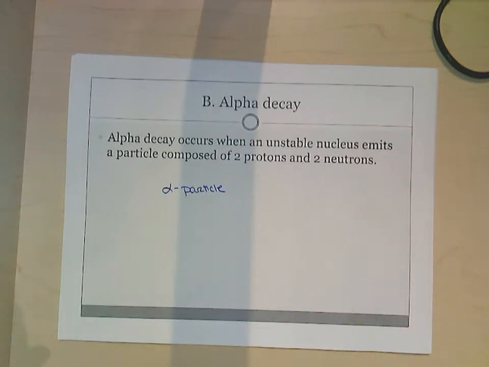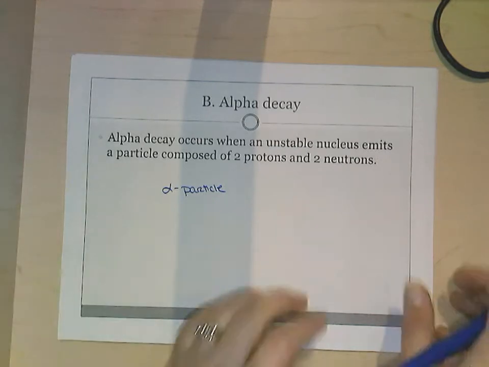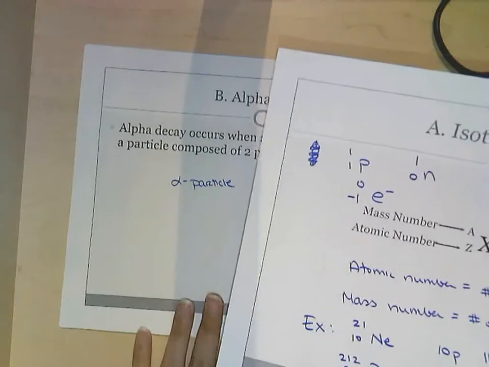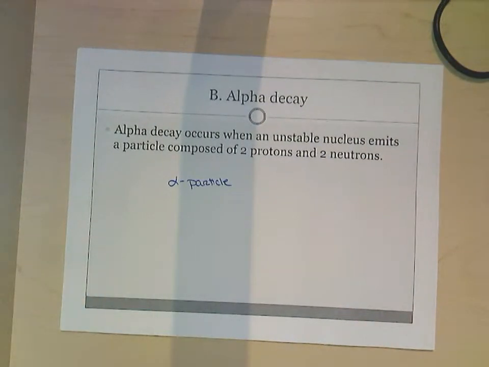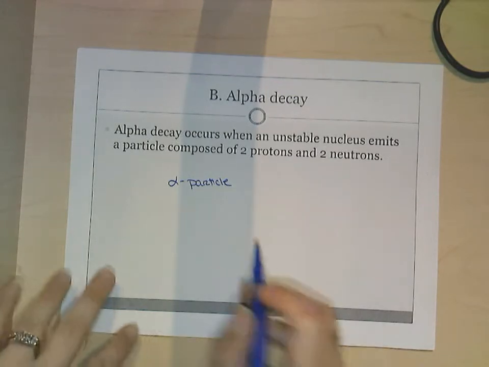If I was going to define an alpha particle, thinking back to what we did with isotopes, what would be its atomic number? 2, right? Because atomic number means protons.